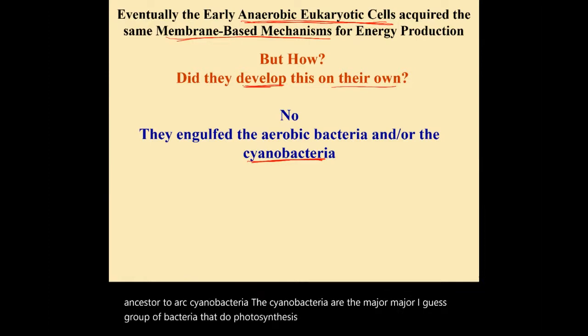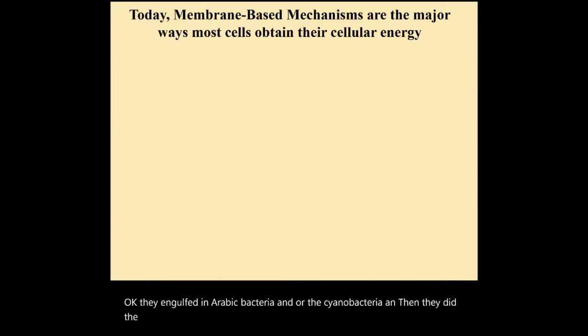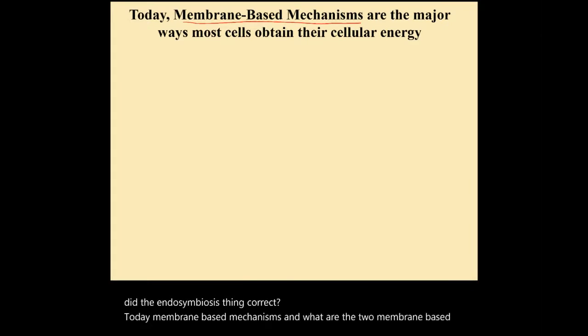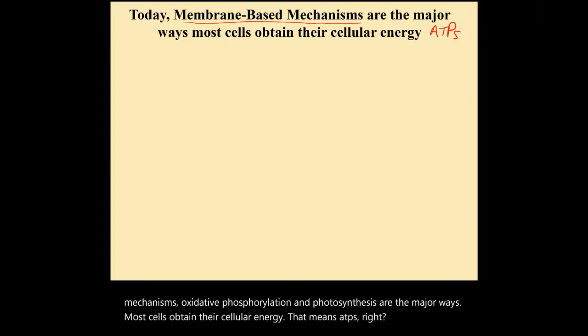They engulfed an aerobic bacteria or the cyanobacteria, and then they did the endosymbiosis thing, correct? Today, membrane-based mechanisms, and what are the two membrane-based mechanisms? Oxidative phosphorylation and photosynthesis are the major ways most cells obtain their cellular energy. That means ATPs, right?